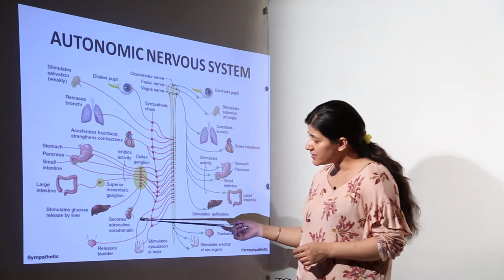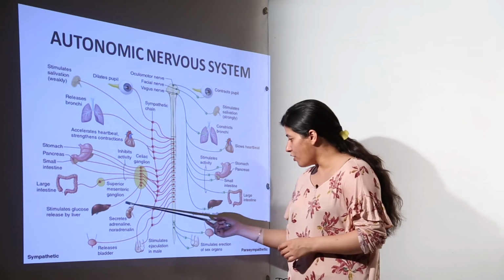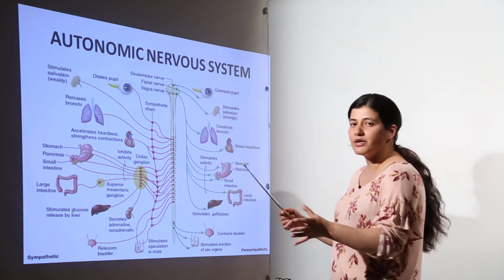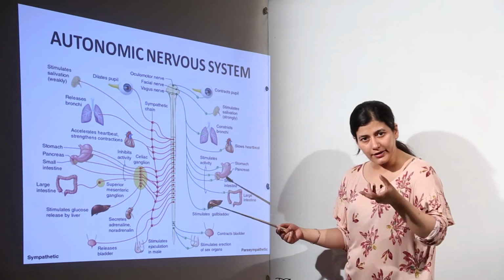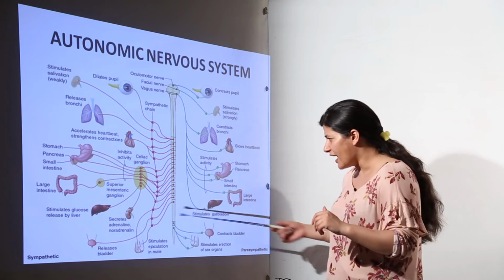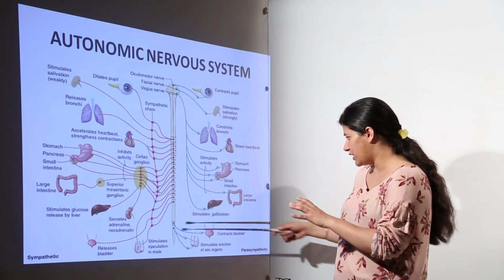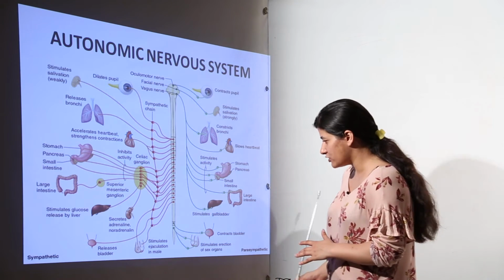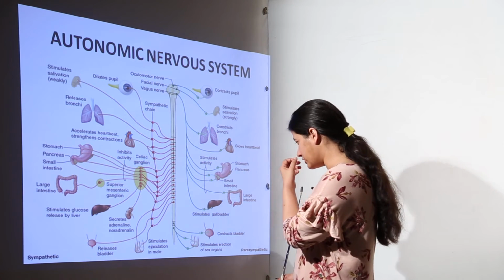Then we have the secretion of adrenaline and noradrenaline, which is taken care of by the sympathetic system. Now adrenaline and noradrenaline also work antagonistically. There is not much of an antagonistic parasympathetic system doing the function here.